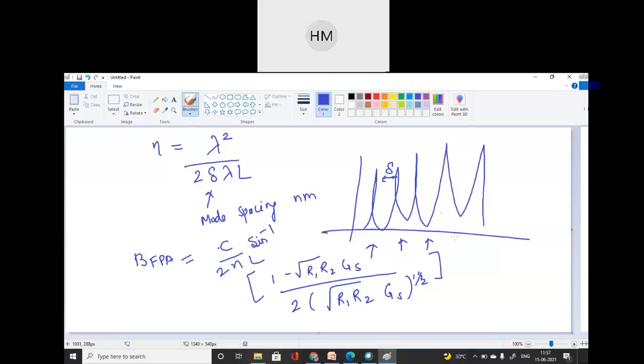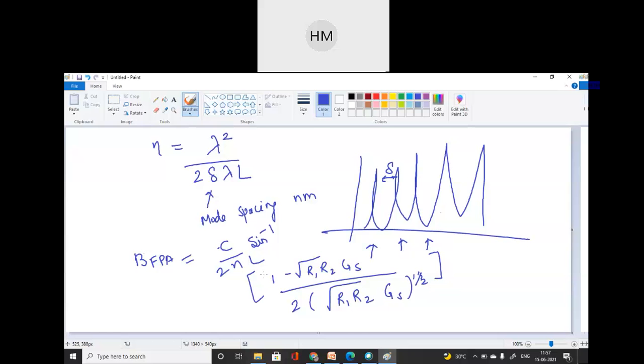So all these parameters will be given to you in the question: R1, R2. Everyone has written the formula, I think.